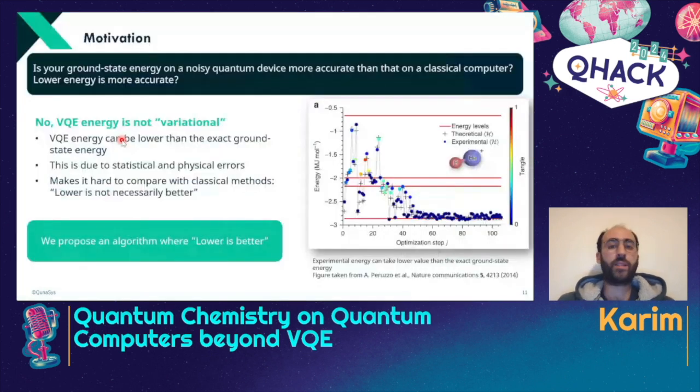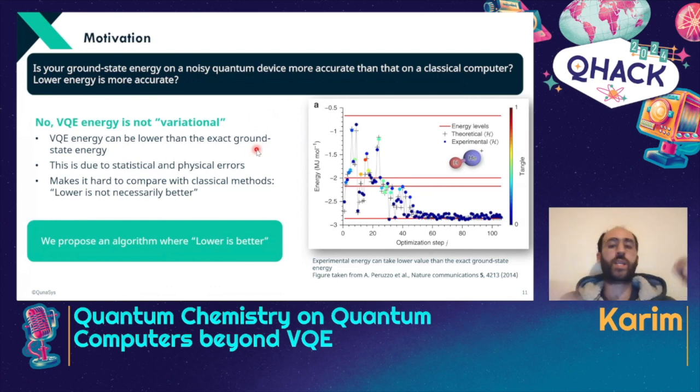The idea behind this is that the ground state energy results that we get using VQE on a noisy device can sometimes not be variational. What I mean by this is that even though VQE is technically a variational algorithm, which means it should respect the variational principle, in practice, when you run this on an actual device, you have either statistical noise or physical noise on the device that can lead to measurement errors.